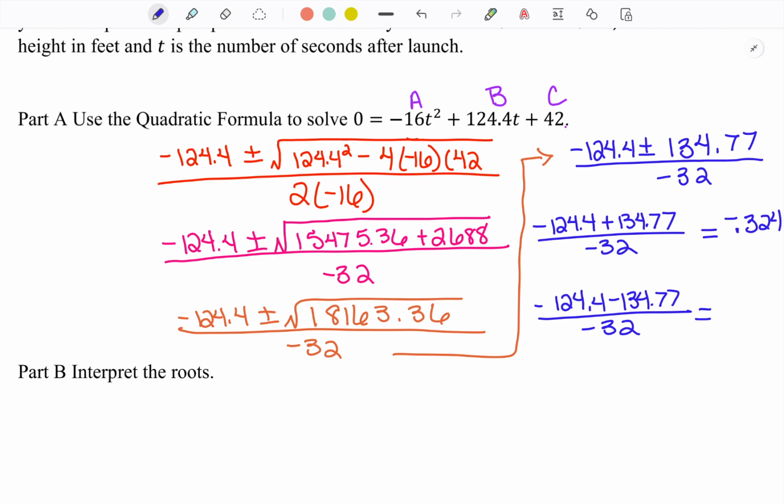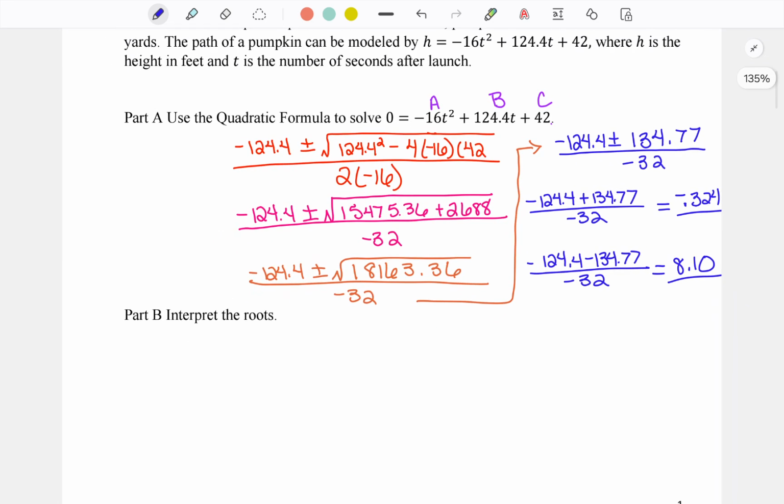And that gives us 8.10. So what do these two roots mean?